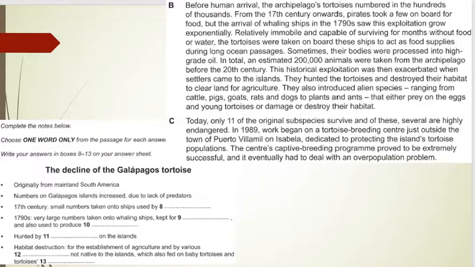Then not native to the islands, which also fed. What is the meaning of fed? Ate. So feed is nothing but eating, preying. P-R-E-Y, prey, and not P-R-A-Y, pray. So the next sentence gives us the answer, that either prey on the eggs and young tortoises.